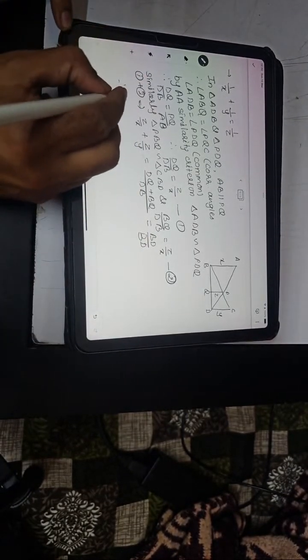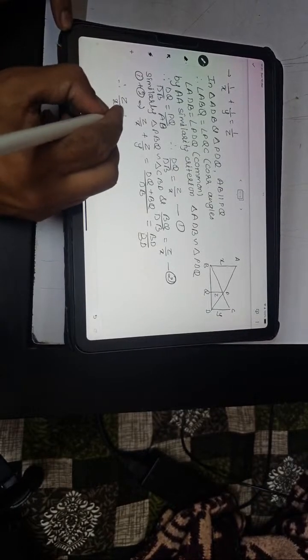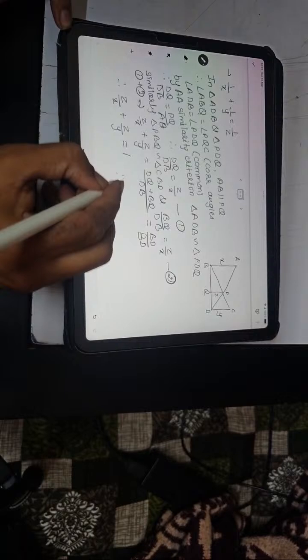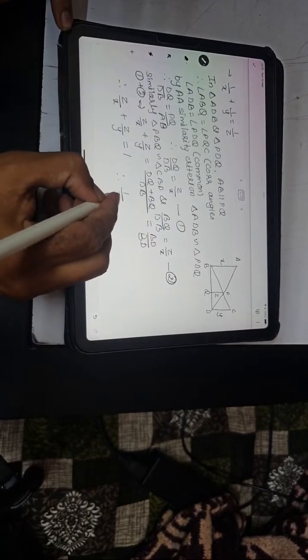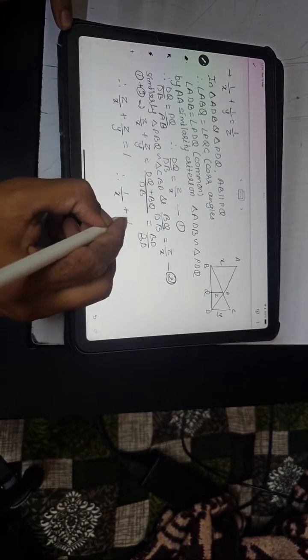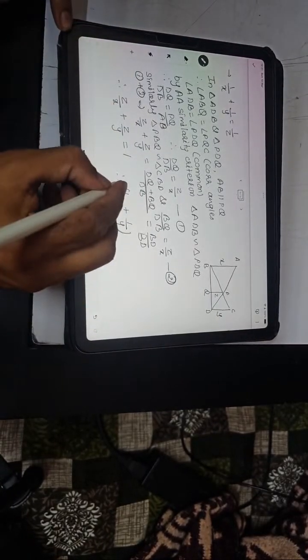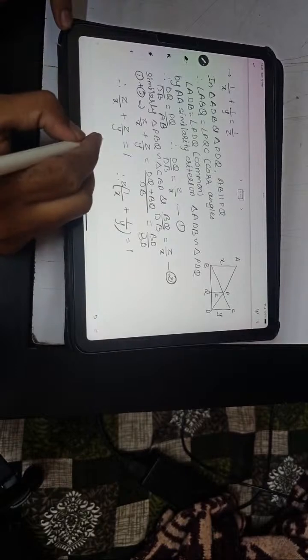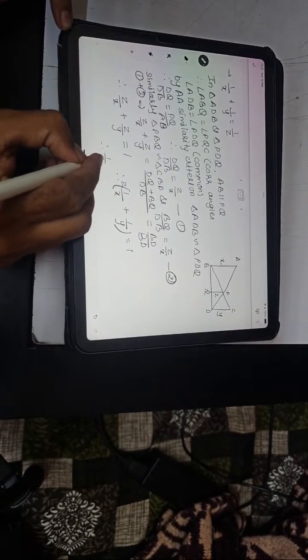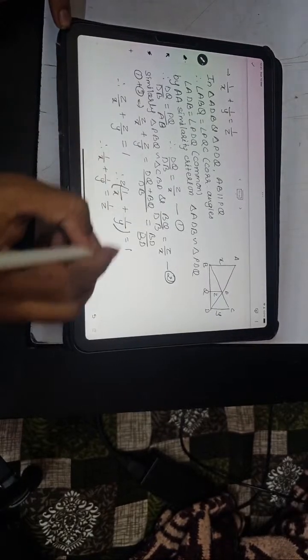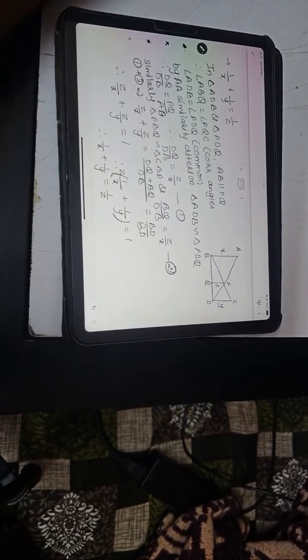So therefore Z by X plus Z by Y equal to 1. So therefore, taking Z common from both, I have 1 upon X plus 1 upon Y equal to 1 upon Z, which I brought on the right side in the denominator.